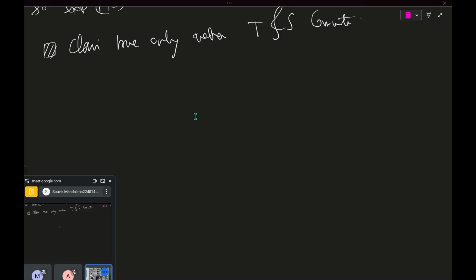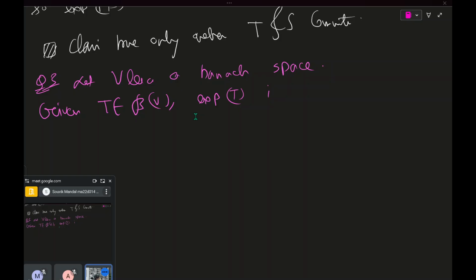Now go to the next question. Let V be a Banach space. Given T belonging to B(V), exp(T) is an invertible operator.